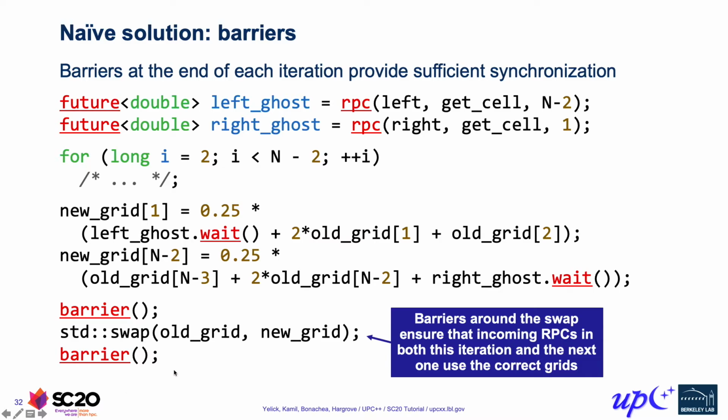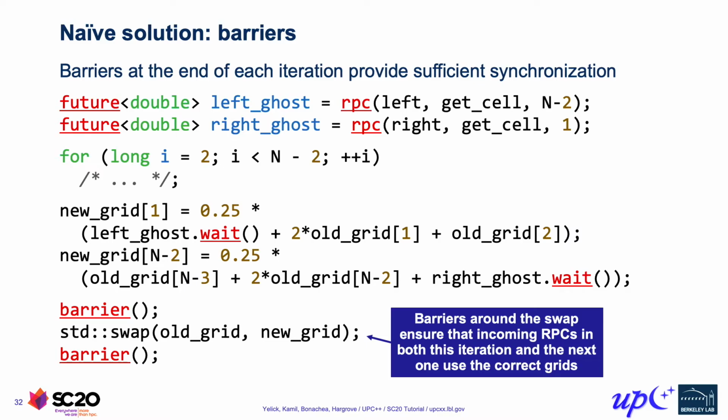Again, this is just a simple solution. It's not necessarily the best solution, and in fact, there are ways of reducing the number of barriers or using barrier-free synchronization as well. The important point, though, is that if we want synchronization, we need to ask for it.